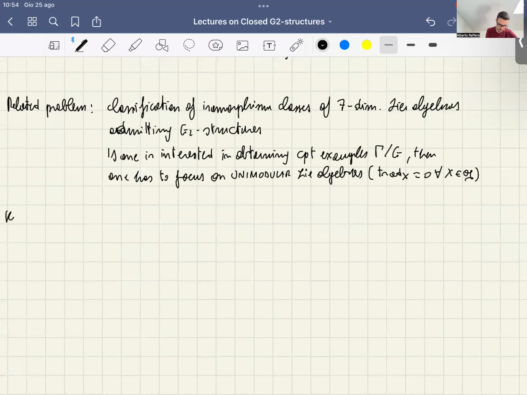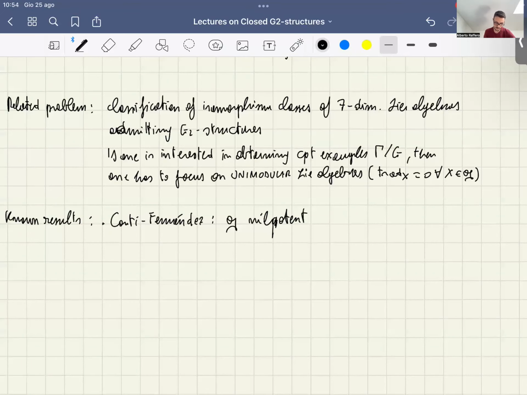And what we know so far about this classification problem, well, we have a classification by Conti and Fernandez in the case where G is nilpotent. So for nilpotent Lie algebras, we know which isomorphism classes of nilpotent Lie algebras admit closed G2 structures.